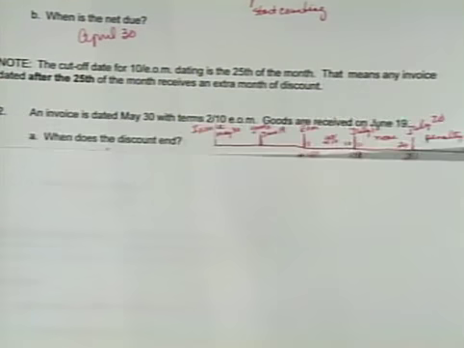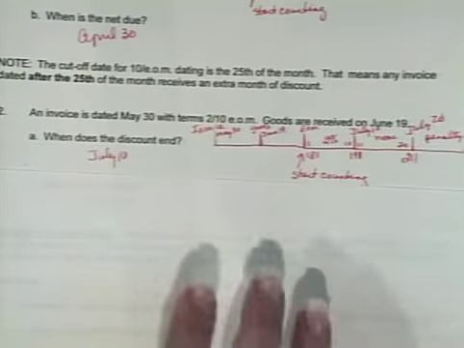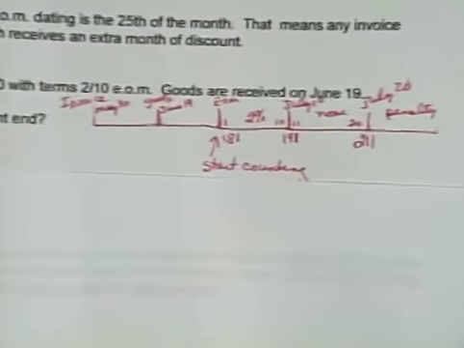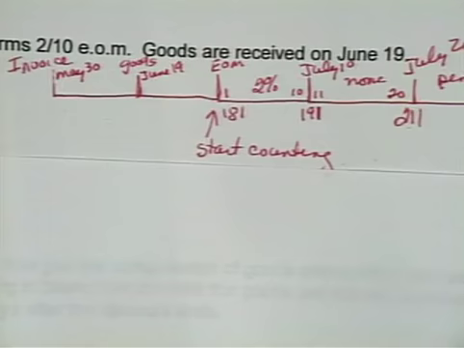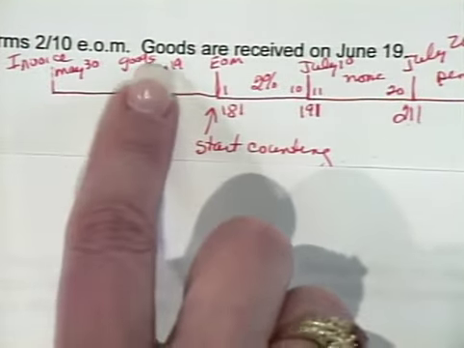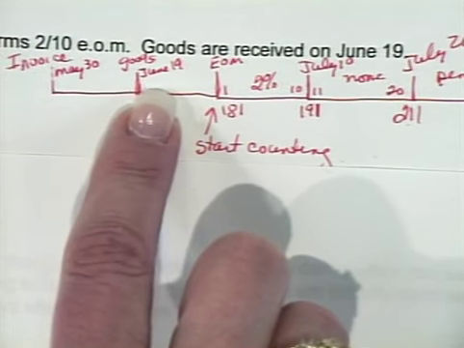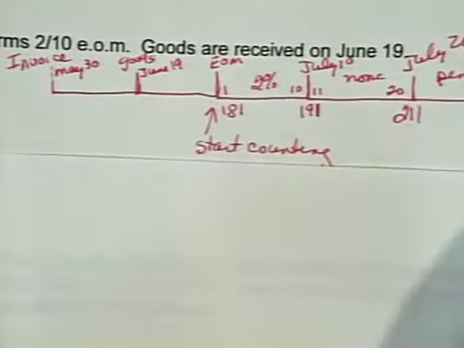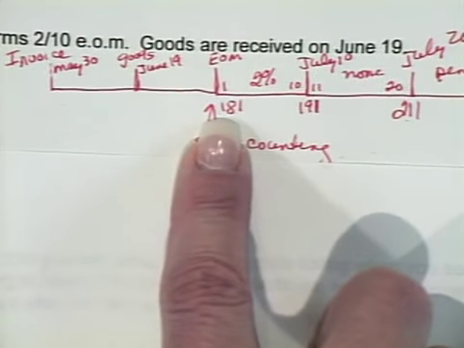Okay, so we get our chart going, and it looks like this. Let me zoom in closer. It says right here, I received my invoice on May 30th, but I don't care. The goods are received on June 19th, but I don't care. When I'm going to start counting is at the end of the following month, which is day 181. That's right.